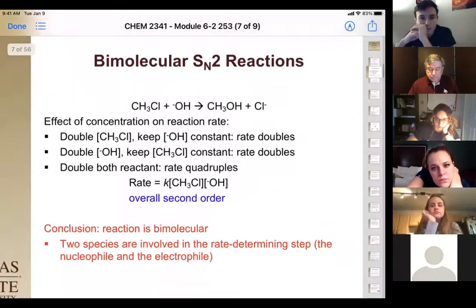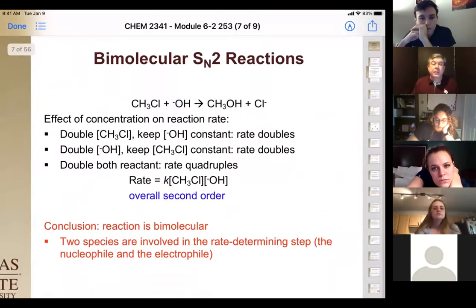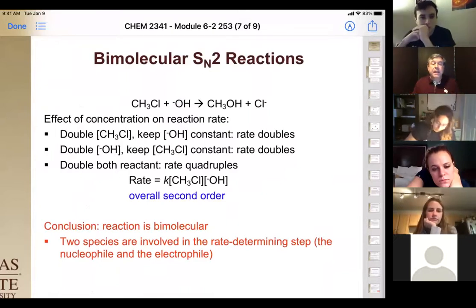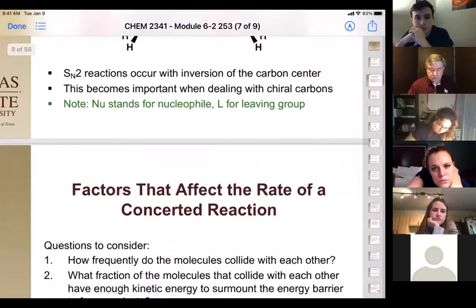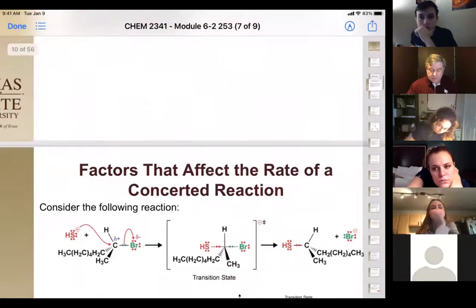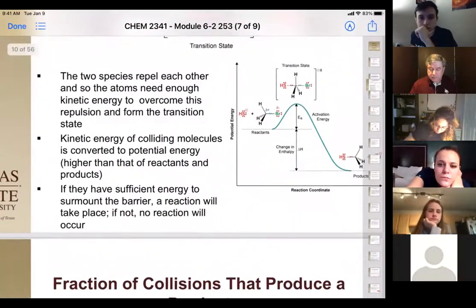So these reactions are S for substitution, N for nucleophilic, 2 for bimolecular, meaning both species have to be in that position at the same time. Sorry, I want to use this energy diagram. There we go.